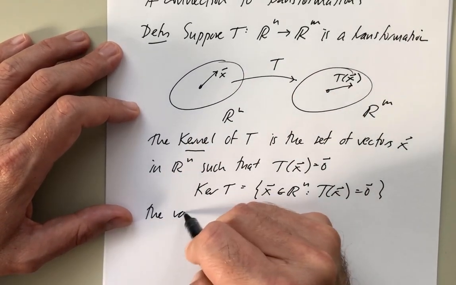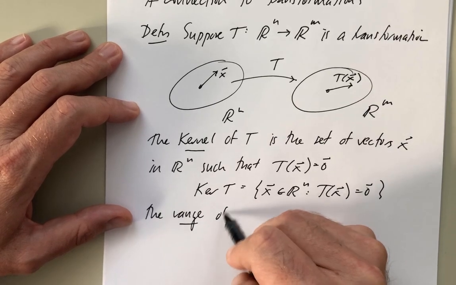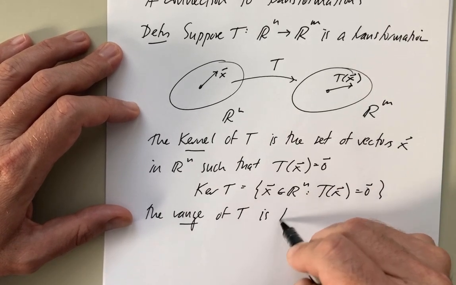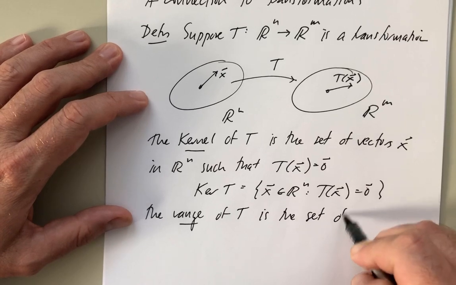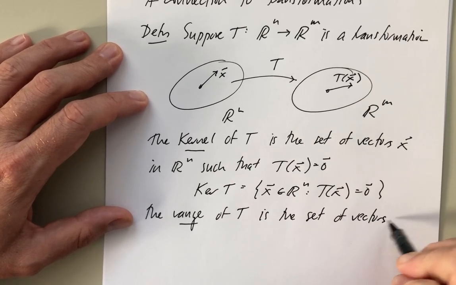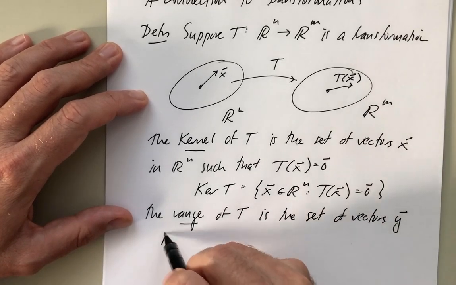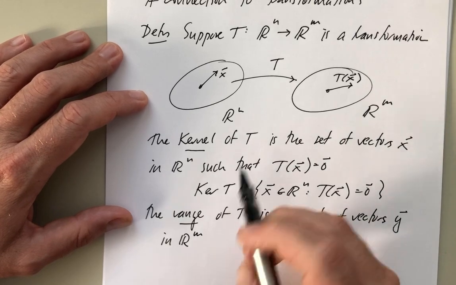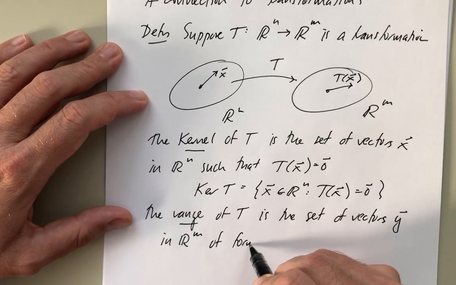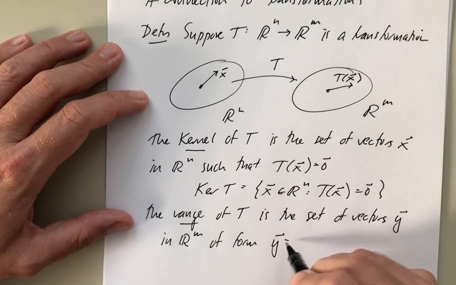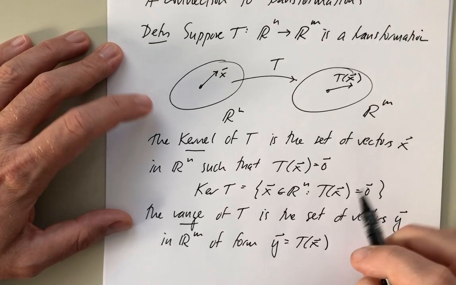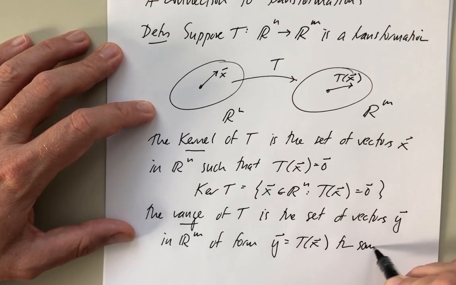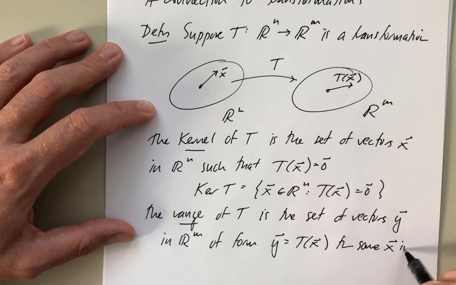On the other hand, you also have what's called the range of T. By definition, this is the set of vectors, let's say y, in R^m now, of the form y equals T of x for some x in R^n.